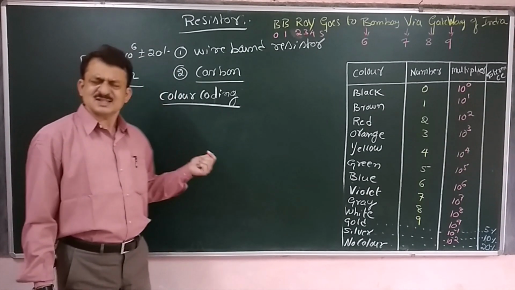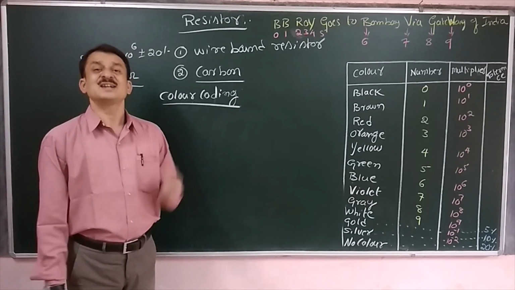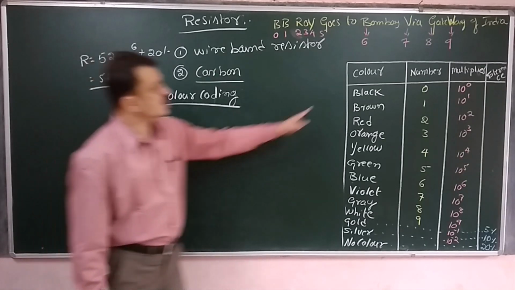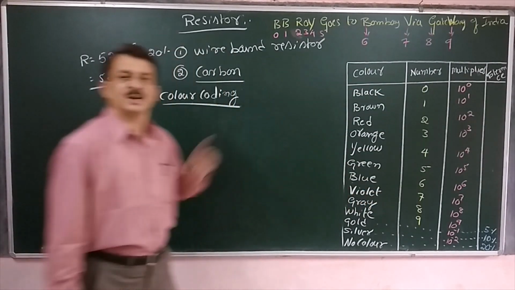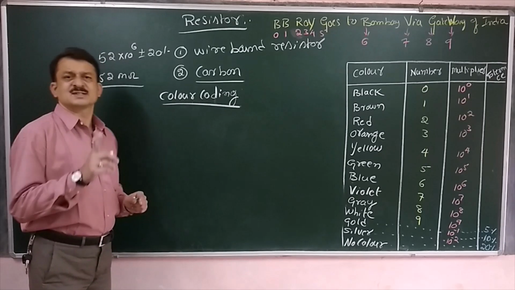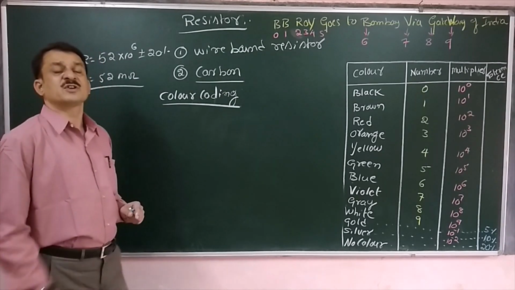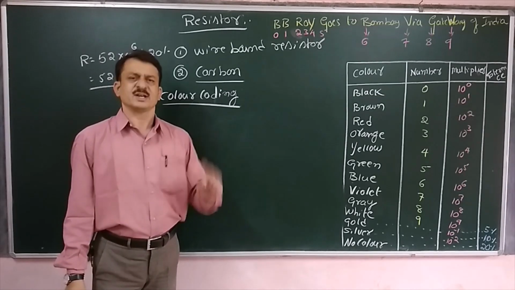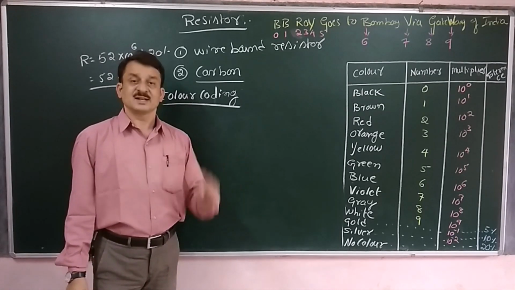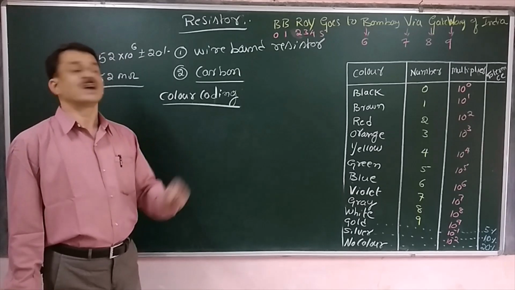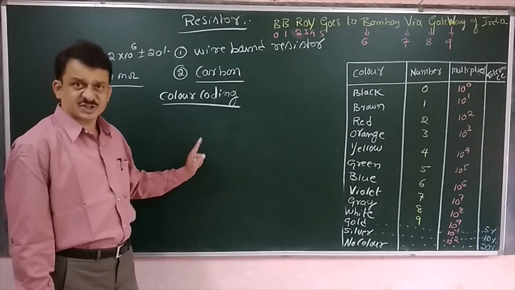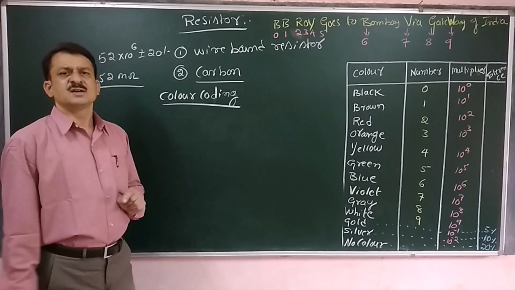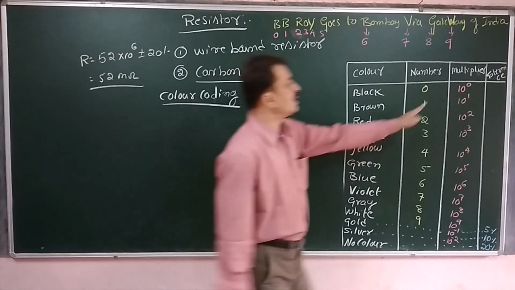Now what does color coding mean? It consists of a set of coaxial rings whose significance values are given as shown in the table. The first two rings from one end signify the first two significant digits of the resistor in ohm, and the third band signifies the decimal multiplier.